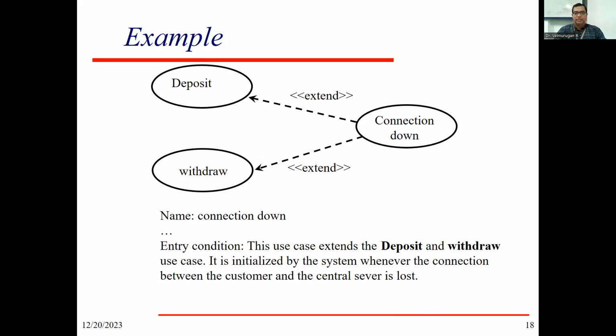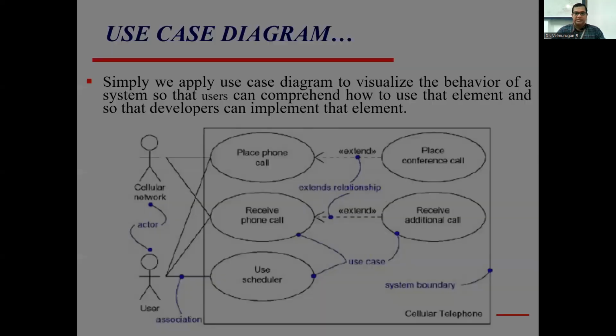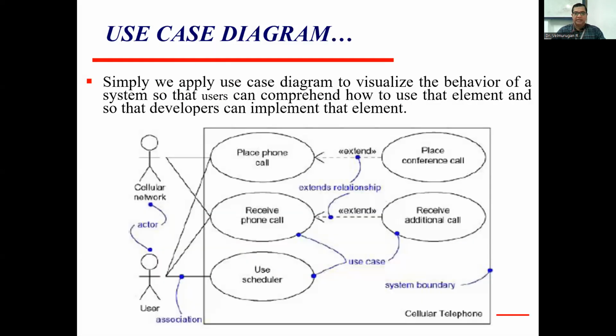So if somebody says connection down, it is understood that this cannot happen. So we extend it one level further, stating that if the connection is down, it can be extended so that deposit and withdraw do not happen in that particular portal. That is the reason why we call this an extend stereotype.